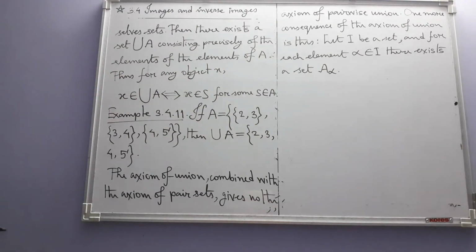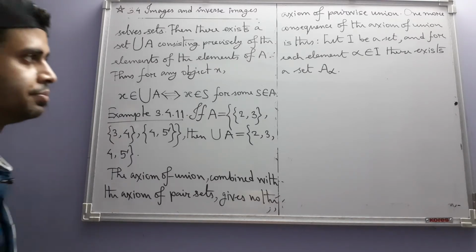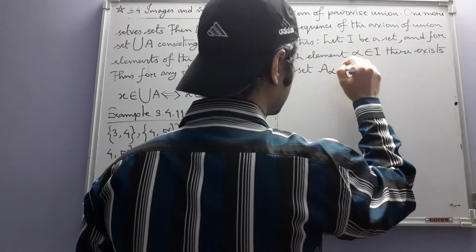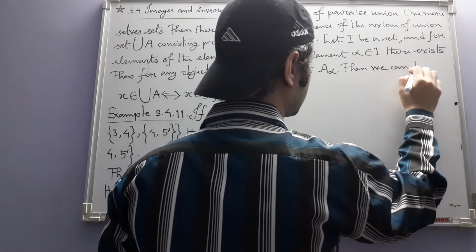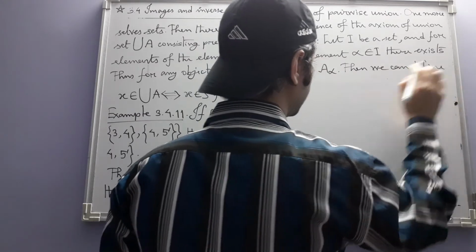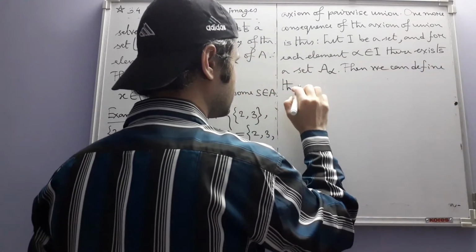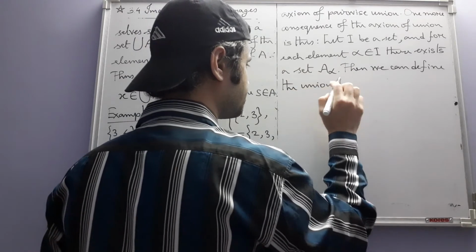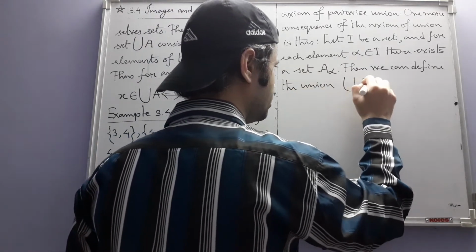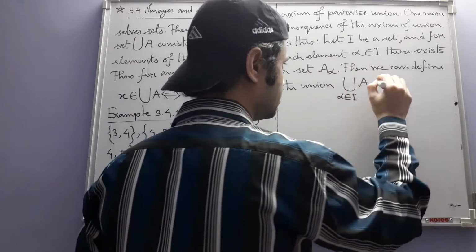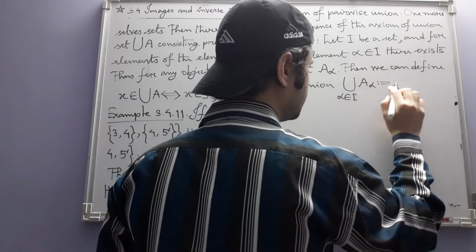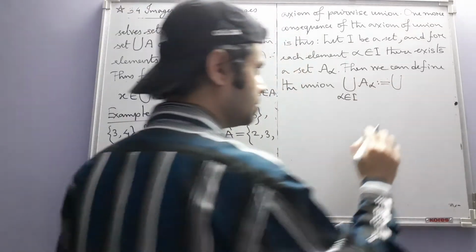Okay, so there is a set I, and for every element alpha in I, there exists a set A alpha. Then we can define the union of A alpha as alpha varies over I to be this set.